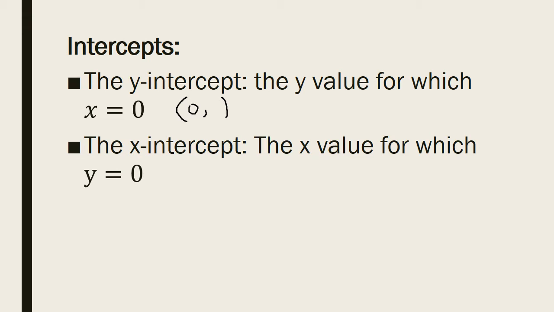And the second intercept is the x-intercept. The x-intercept is the x value for which y equals 0. And we write the x-intercept as (x, 0), or a number and a 0.